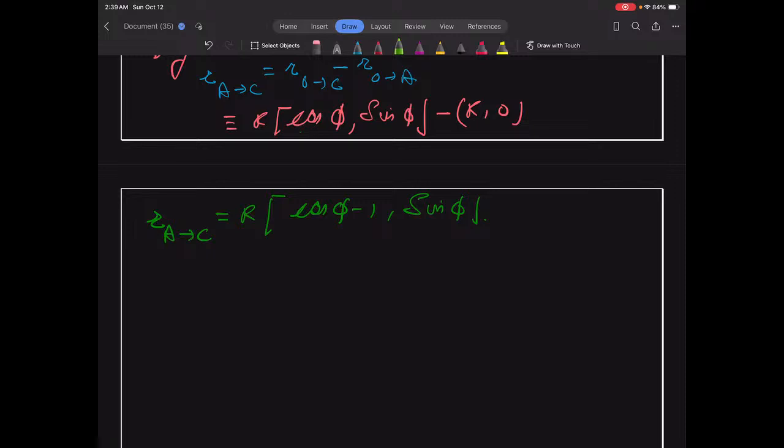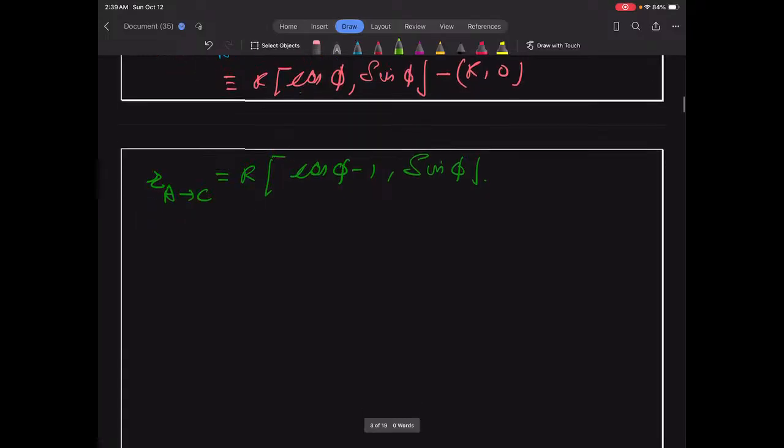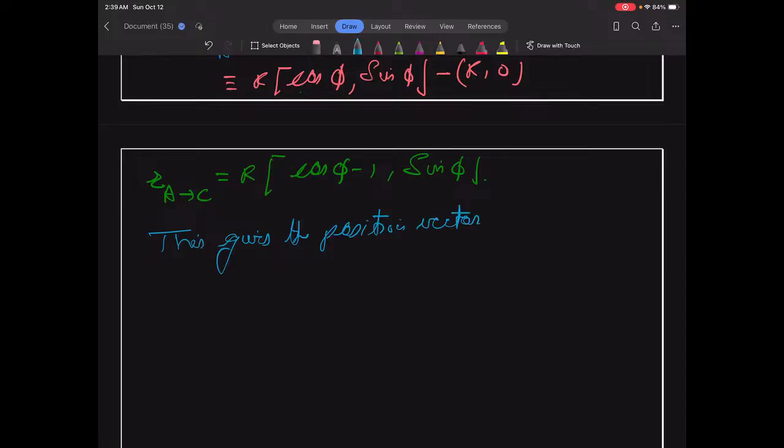So this gives us the bug's position vector relative to the pivot.